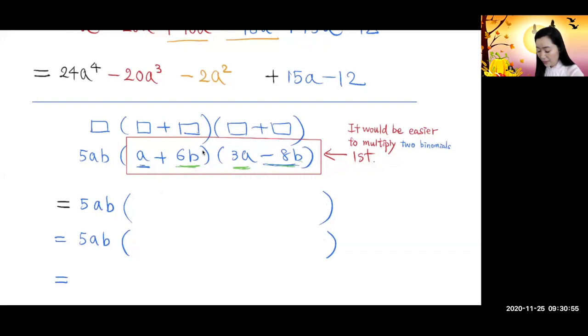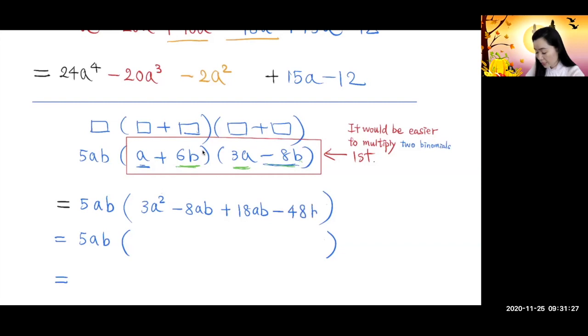So let's multiply the two binomials first. A times 3a gives me 3a squared. A times negative 8b gives me negative 8ab. 6b times 3a, we get 18ab. 6b times negative 8b, we get negative 48b squared.